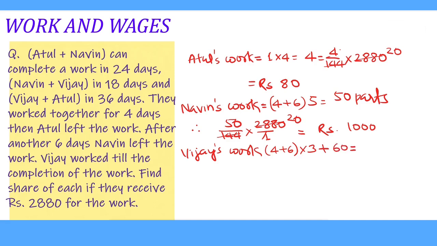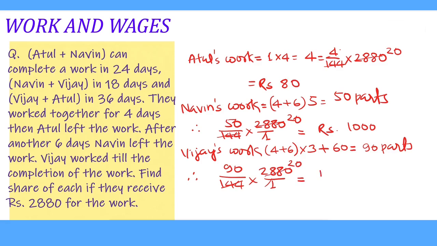So this is equal to 4 plus 6 is 10 multiplied by 3 is 30, plus 60 is 90 parts of the work. So his share is 90 upon 144 multiplied by 2880, and 144 divides 2880 for 20 times.